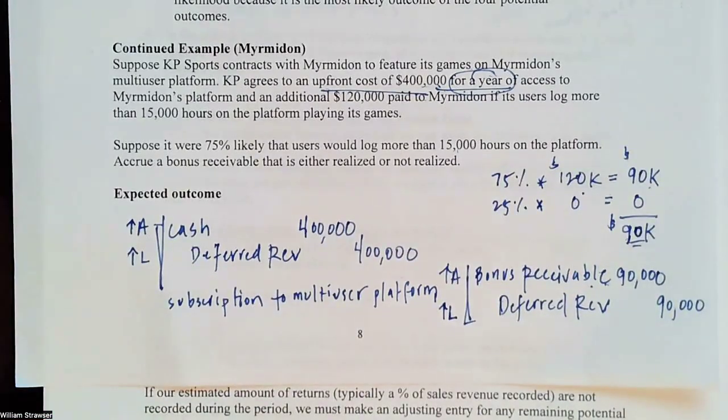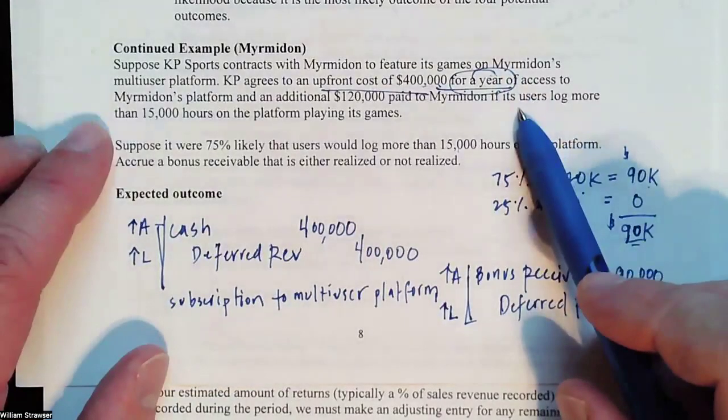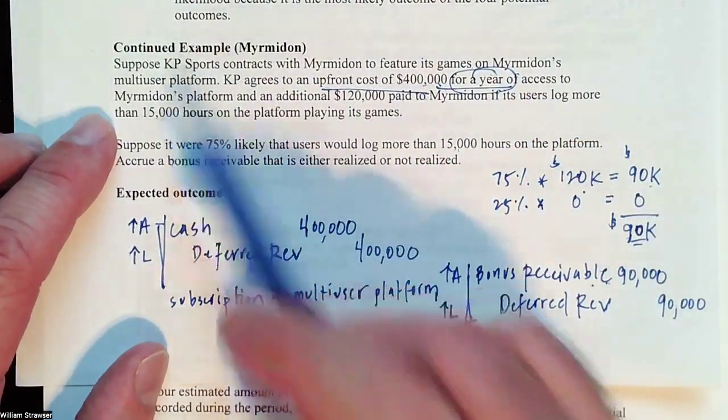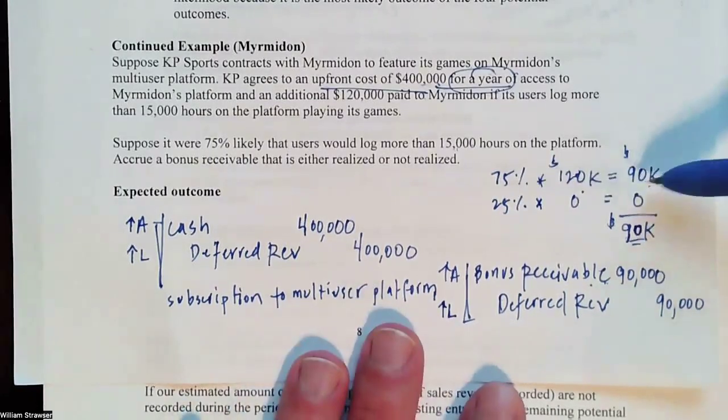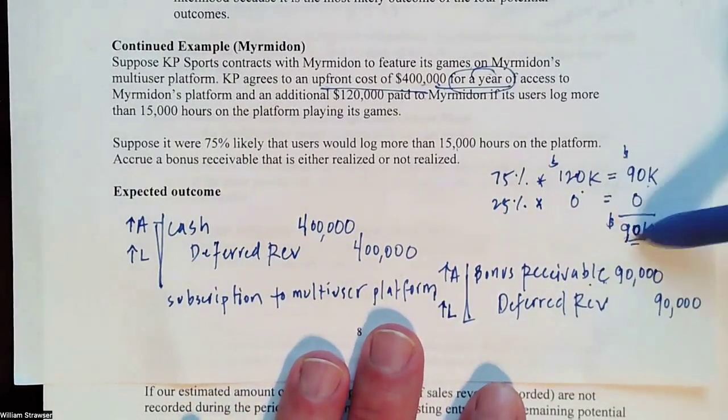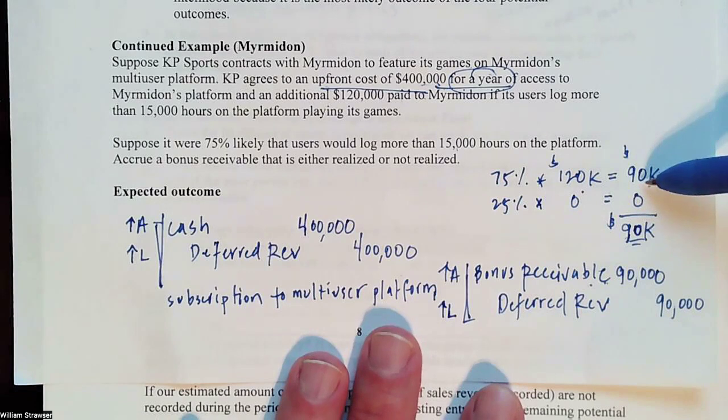But then at the end of every reporting period, at the end of a quarter, at the end of a year, we would have to see if our expectations changed, which they probably will, right? If, for example, we had a year to get the 15,000 hours and maybe 6 months have passed and we're at like 14,500 hours, well, then that bonus becomes much more likely to happen.